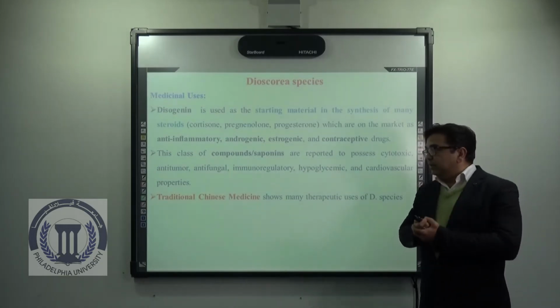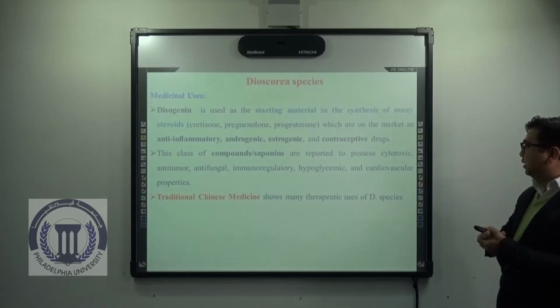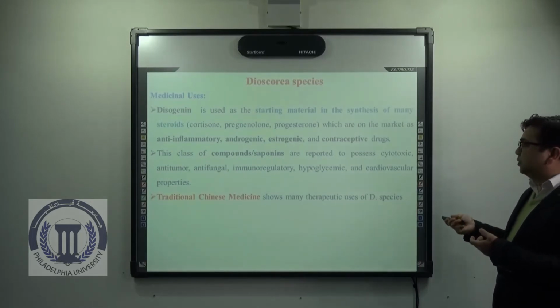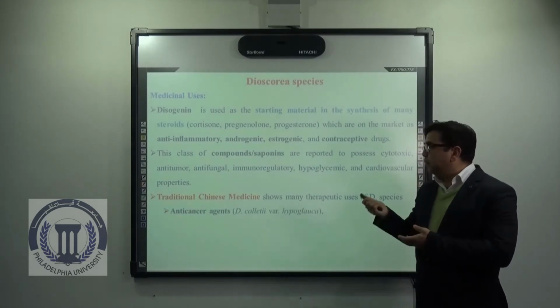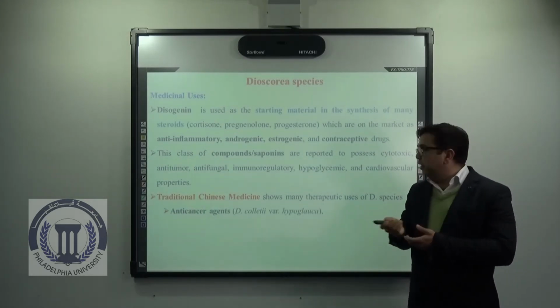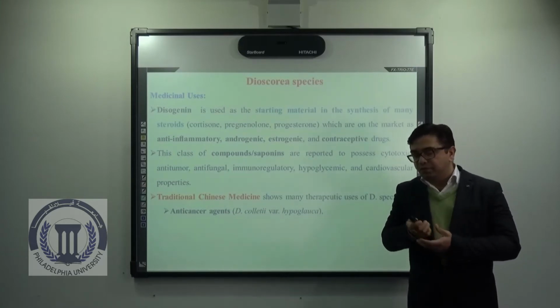In traditional Chinese medicine, it has been observed that Dioscorea species are used for many different purposes. For example, as an anti-cancer agent, mainly Dioscorea collettii has been used for the treatment of various types of cancer.